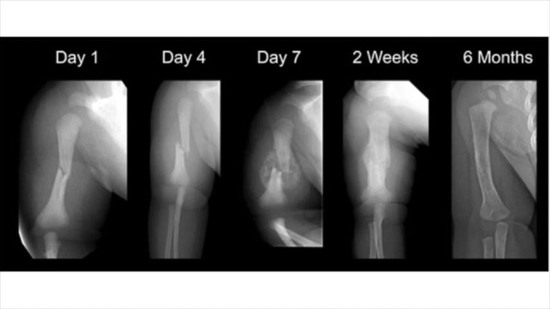in which we have the first day. Day number 1 is when the fracture just occurred. Three days later, we start with the inflammation. You can see there is a mild opacity surrounding the fracture. Then on day 7 we have the soft callus. Two weeks later we have the hard callus, and at 6 months we have the remodeling.